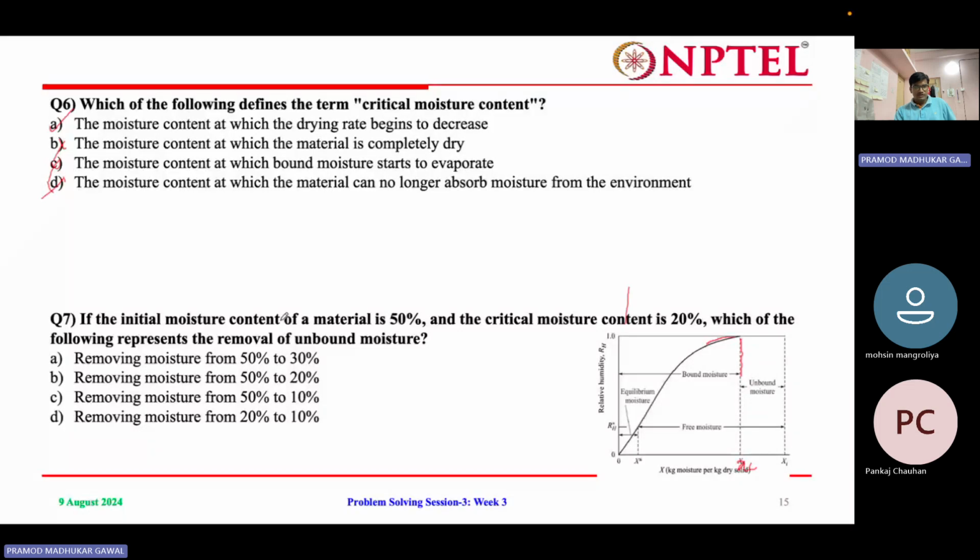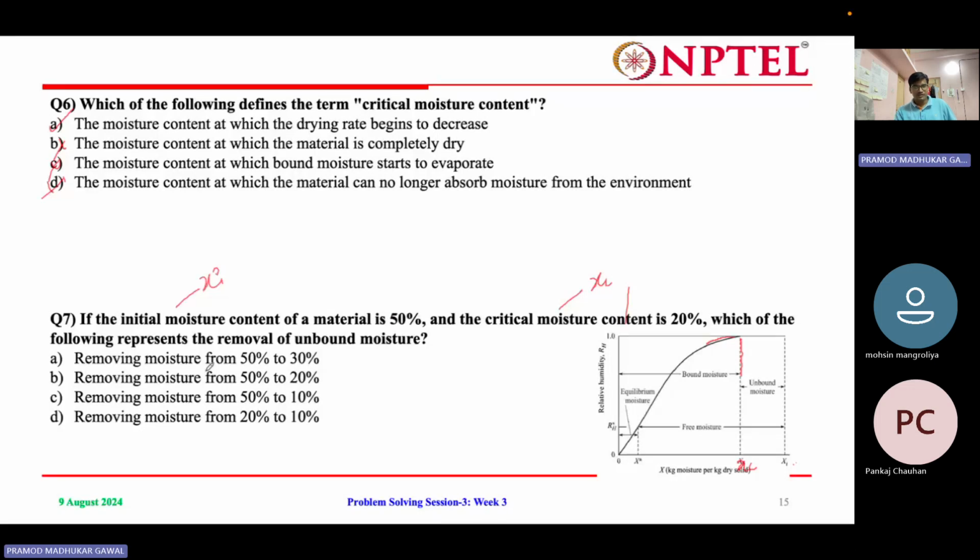Question 7. If the initial moisture content of a material is 50% and the critical moisture content is 20%. So here Xi is given as 50% and critical moisture Xc. Critical moisture is denoted by Xc, the initial by Xi.